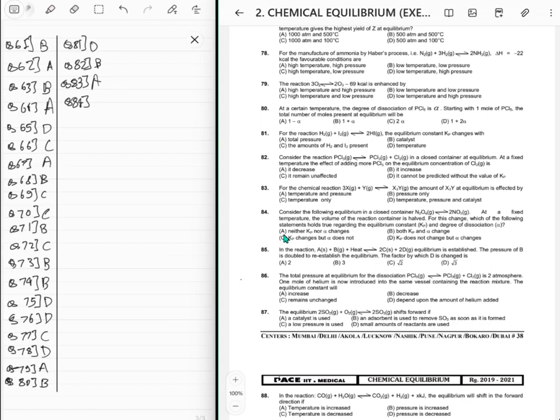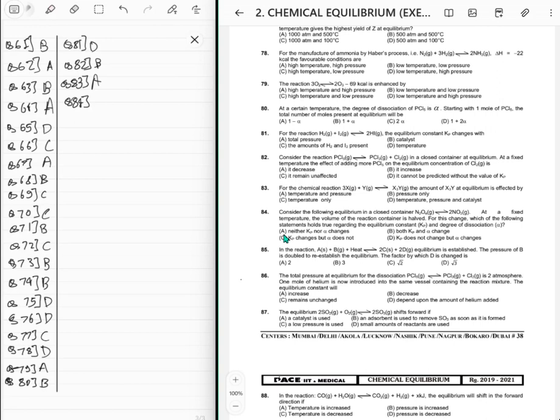Consider the following equilibrium in a closed container. At a fixed temperature, the volume of the reaction is halved. For this change, which of the following statements hold true regarding the equilibrium constant Kp and the degree of dissociation alpha? Your volume is halved.